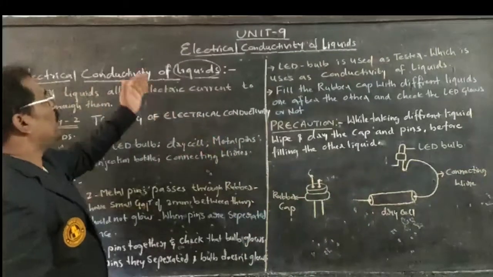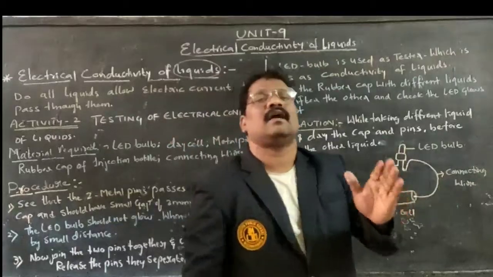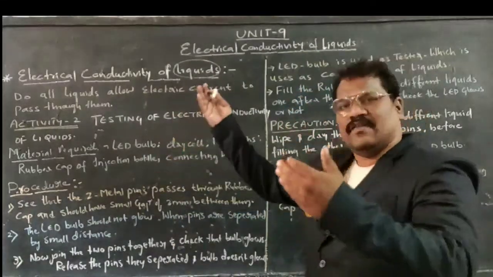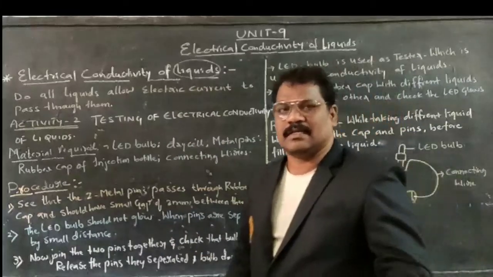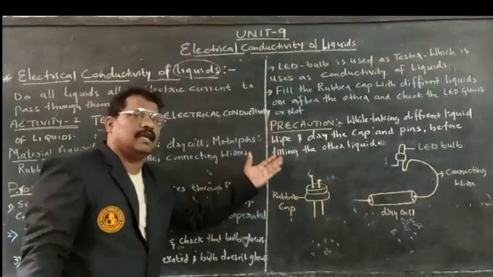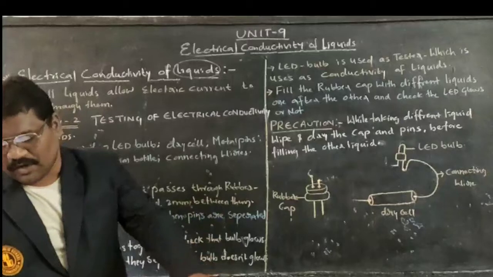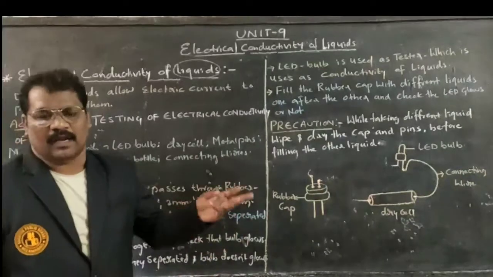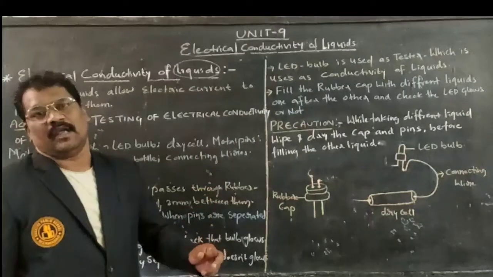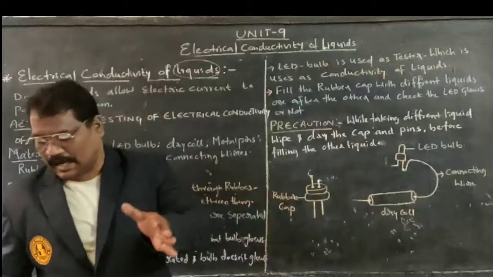First of all, we are going to perform an activity on the electrical conductivity of liquids. We will take 10 different types of liquids according to our textbook: distilled water, drinking water, coconut oil, lemon juice, vinegar, kerosene, vegetable oil, sugar solution, common salt solution, and milk.